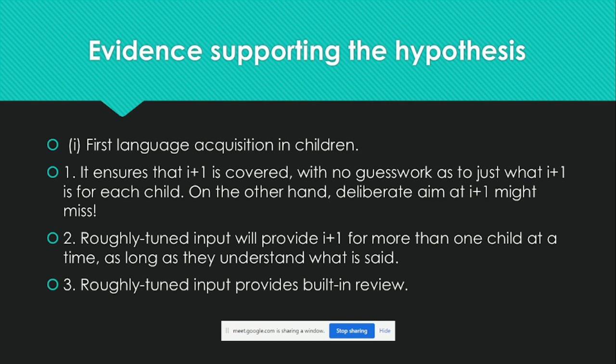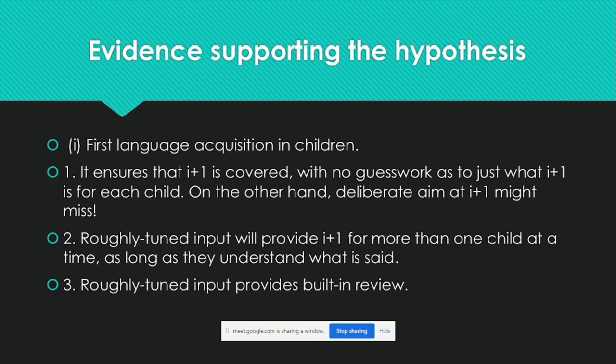Next will be the evidence of the hypothesis. I will be talking about evidence supporting the hypothesis. First example is first language acquisition in children. First, it ensures that i plus 1 is covered with no guesswork as to what i plus 1 is for each child.